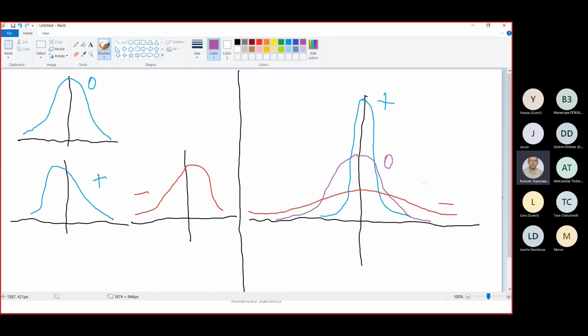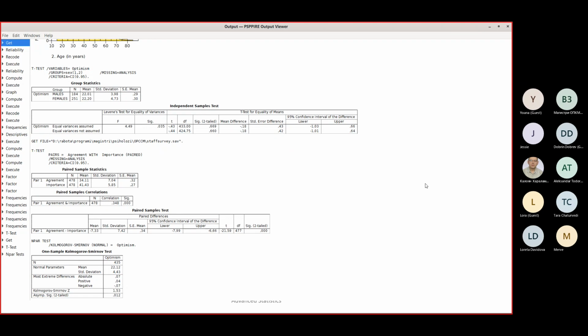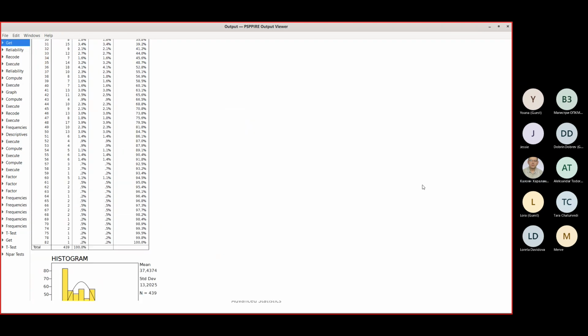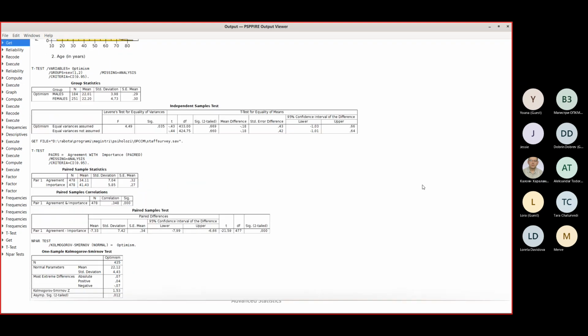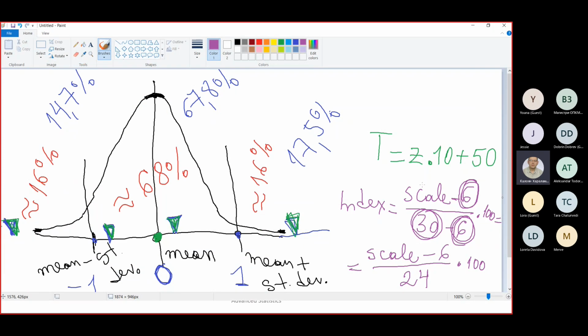In our case, we found that the distribution is not normal, but we also found that between mean minus 1 standard deviation and mean plus 1 standard deviation there are 67.8%, approximately 68%, which is the same as the theoretically expected value.